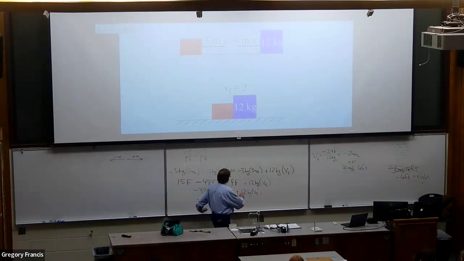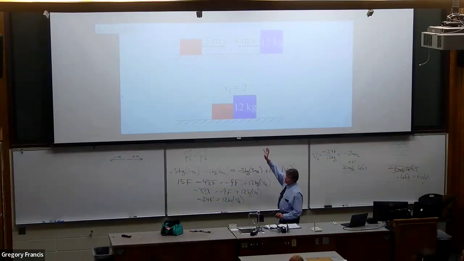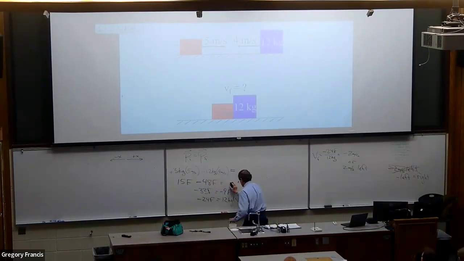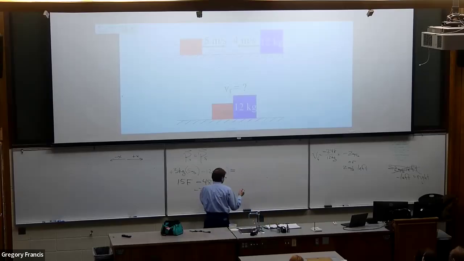So notice that before the collision, we got the same situation that we had before. That's the collision, that equal sign there. So I don't need to mess with the left-hand side. I just have to get rid of the right-hand side. Okay, and after the collision, if they're moving together, I would have 15 kilograms moving at some V final.